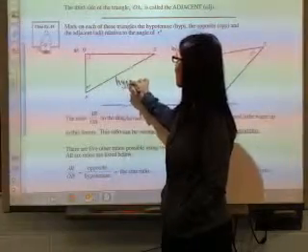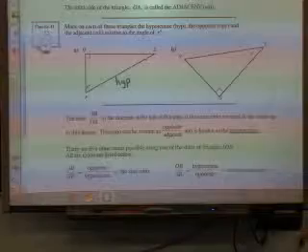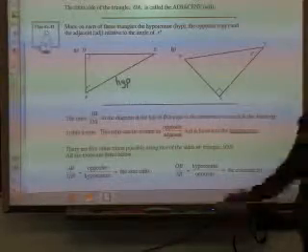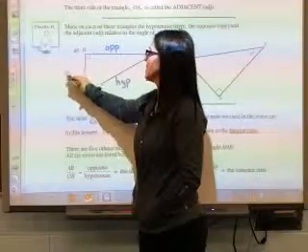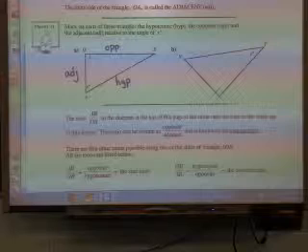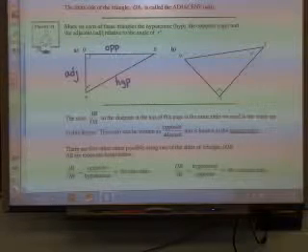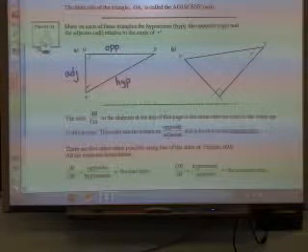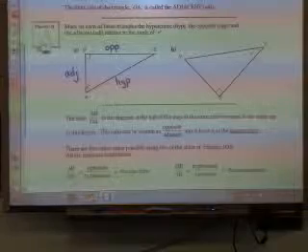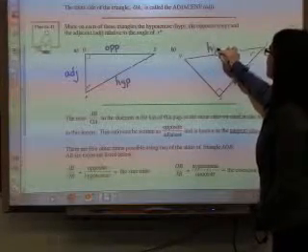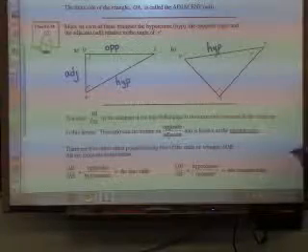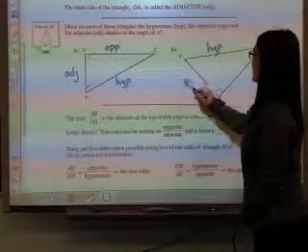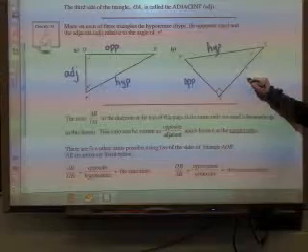Which side would be opposite? And then the last one would be adjacent. If we look at angle STV, which side length is the hypotenuse? VT. Opposite, VS. And then adjacent would be ST.